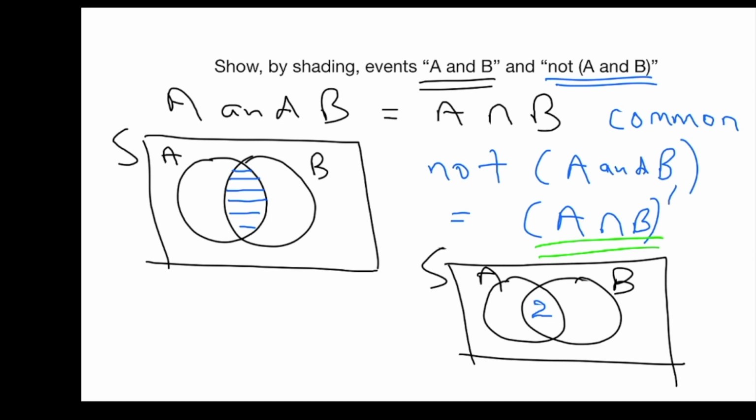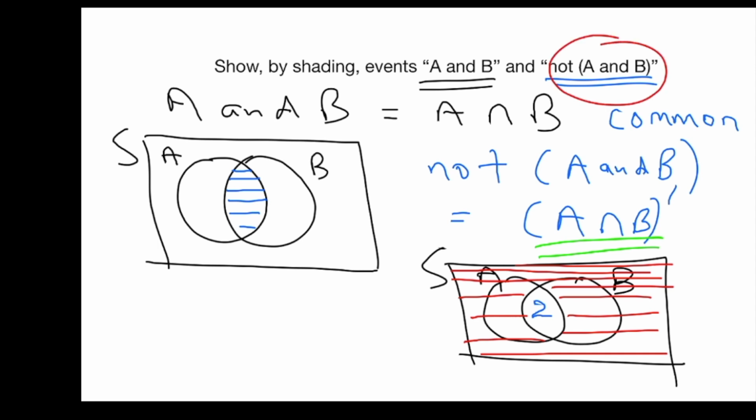So we can just shade totally everything except that region where there is a 2. Wherever I've shaded there represents the complement of A intersection B.